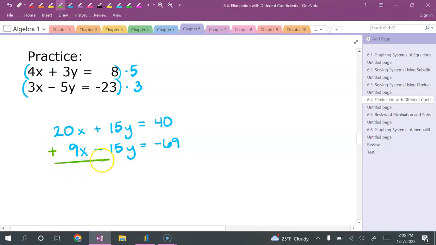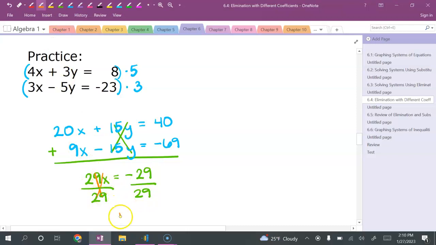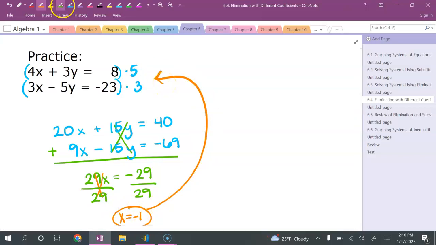Then I added these together to get my y's to eliminate, and I was left with 29x equals negative 29. I divided by 29 to get x equals negative 1. Then I plugged that back in at the start. Back up in here, I picked the top equation. So I picked 4, and then I put in a negative 1 for x, plus the 3y equals 8.